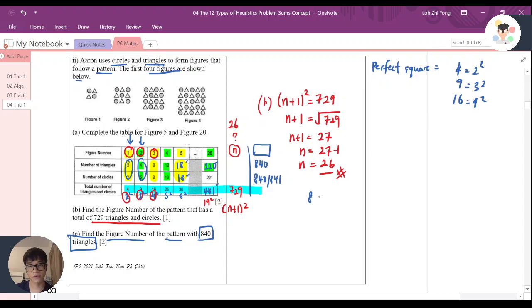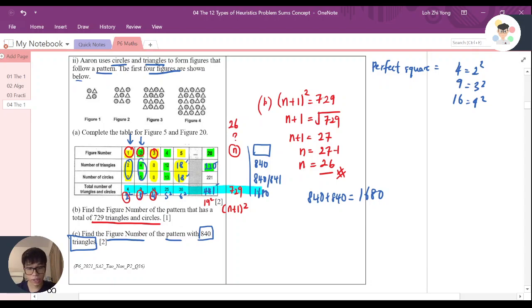If it is 840 plus 840, what will it be? Let's try and put it in the calculator. 840 plus 840 will be 1680. Let's square root 1680.